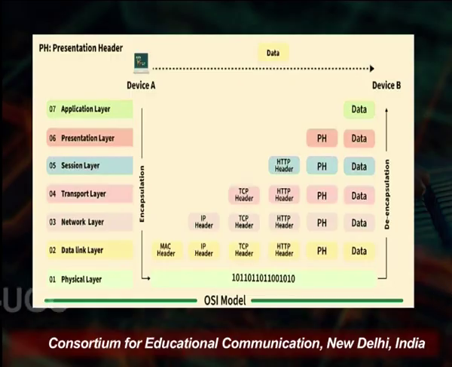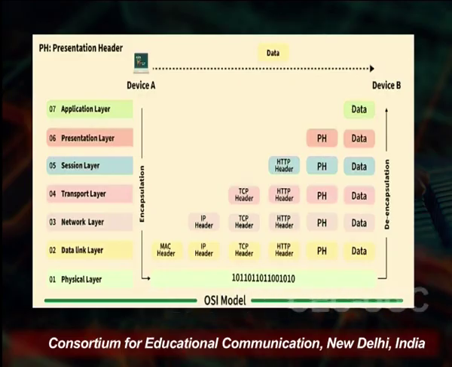At the physical layer of device B, data is received in the form of 1s and 0s. Then this is transferred to the layer above it, which is the data link layer. The data link layer sees the MAC header, IP header, TCP header, HTTP header, then the presentation header and data.